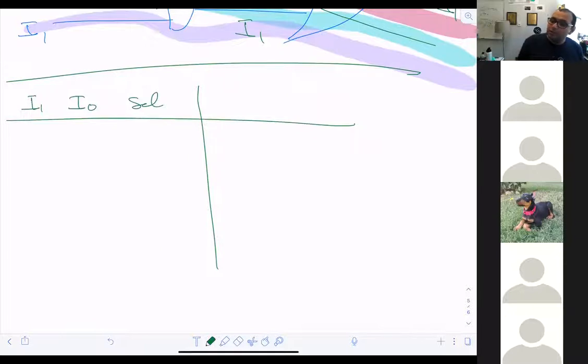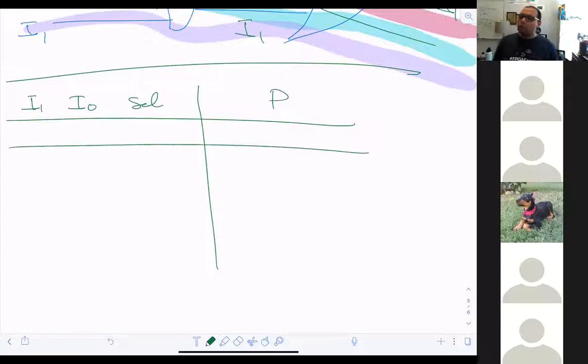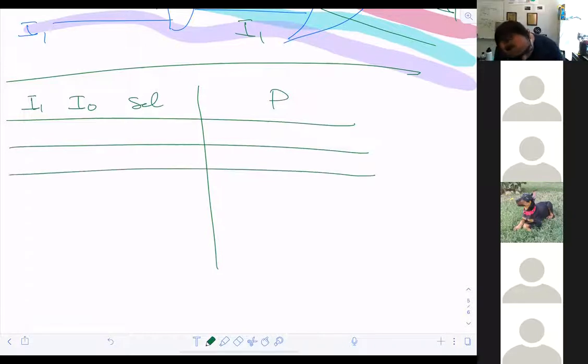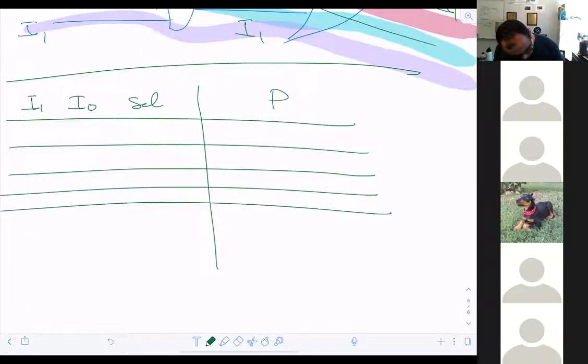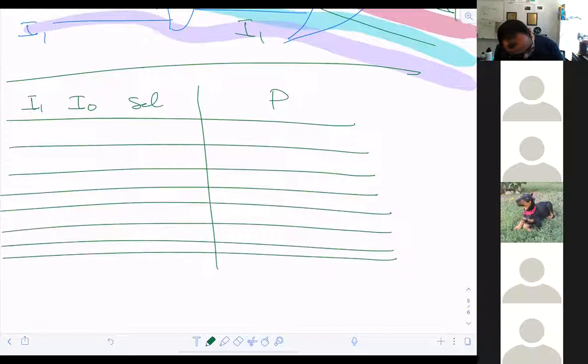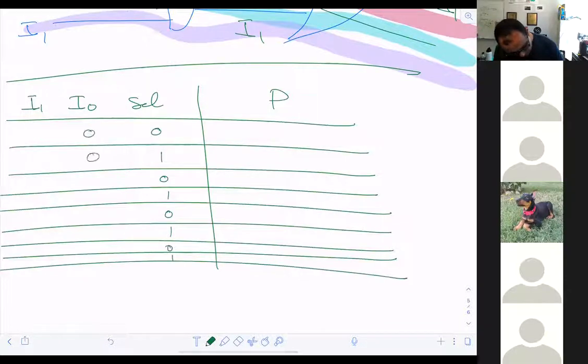And I have the output P. How many states will this table be covering? 8. Right? So 1, 2, 3, 4, 5, 6, 7, 8. Do you agree? 0, 1, 0, 1, 0, 1, 0, 1.